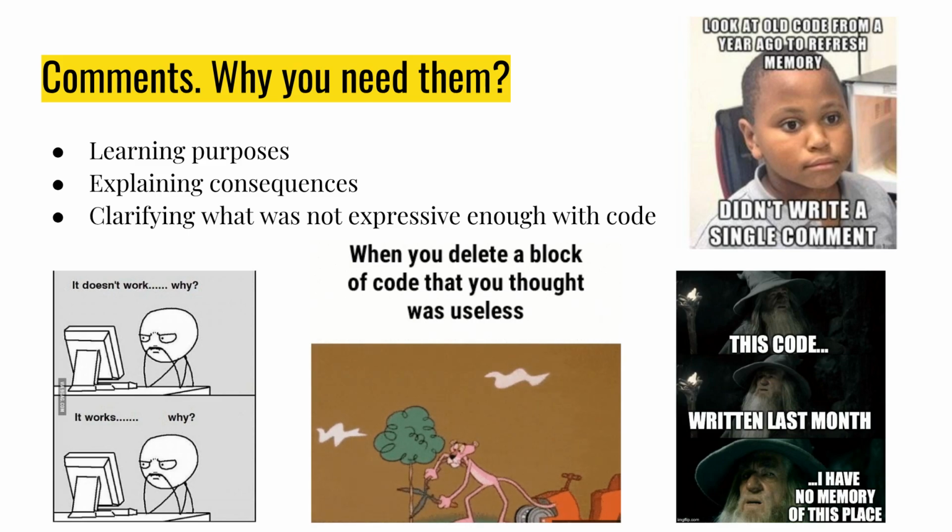The middle picture, the one on the bottom, when you delete a block of code that you thought was useless, is one of the best pictures illustrating why comments are so great in some cases. Sometimes it could be obvious, hey, this code is bad.